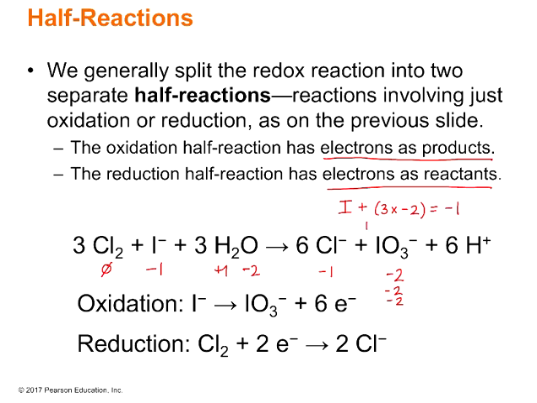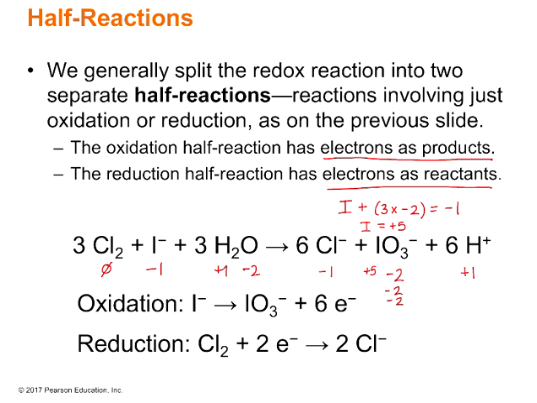So I will end up equaling -1 plus 6, which is +5. And you can check my math there, just if you're not sure how that worked out. And then hydrogen as an ion, again, will just have a +1 charge.